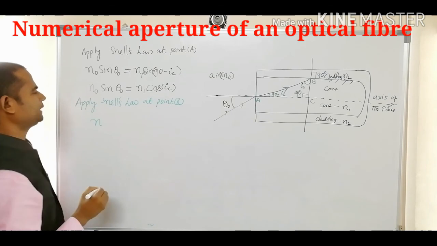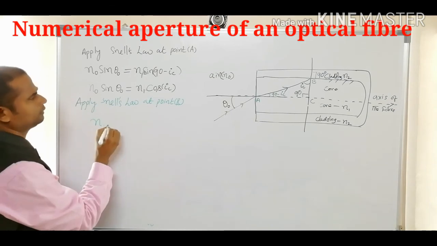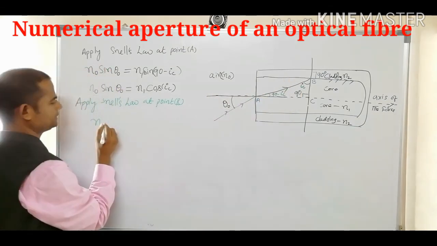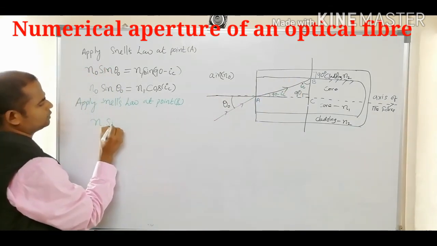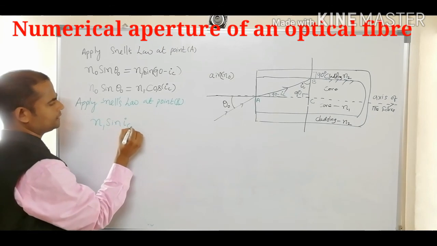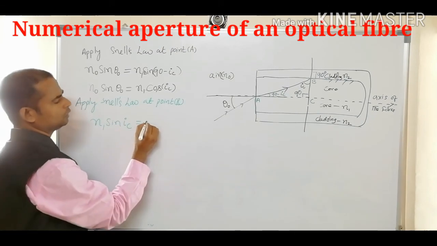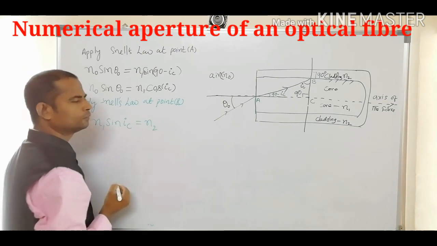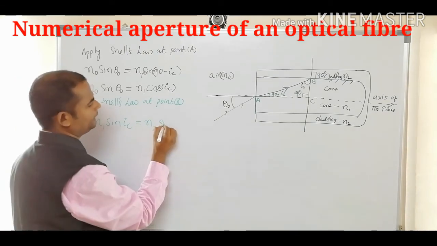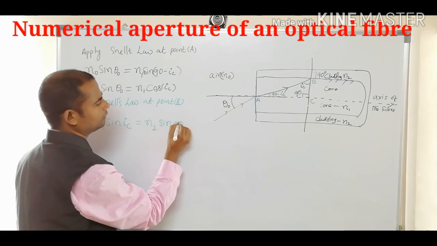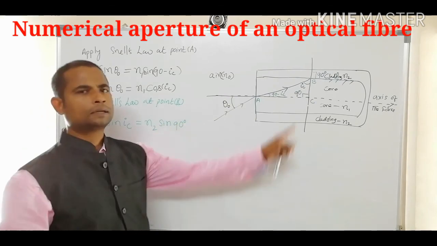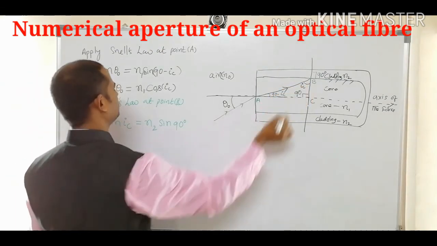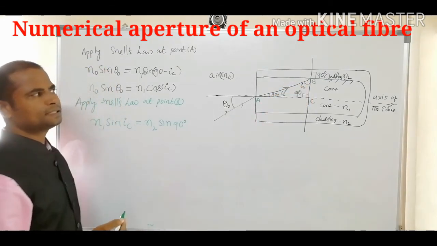So the core refractive index is n1 and the sine of the angle in that medium is IC. So n1 sine IC is equal to, the next medium is n2 for the cladding, and the sine of the angle in the cladding is 90, because this incidence we considered as the critical angle.